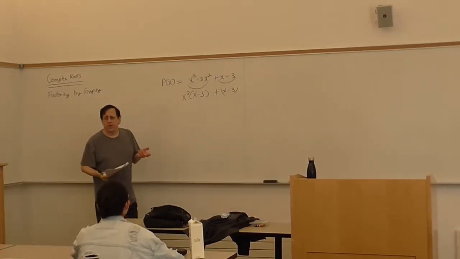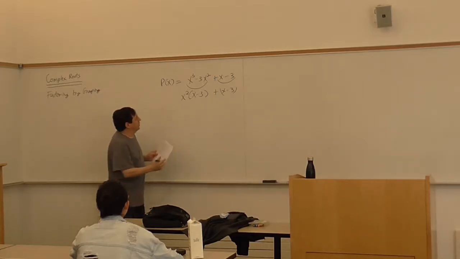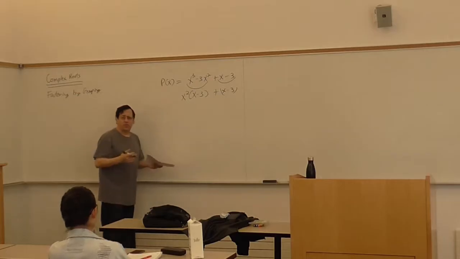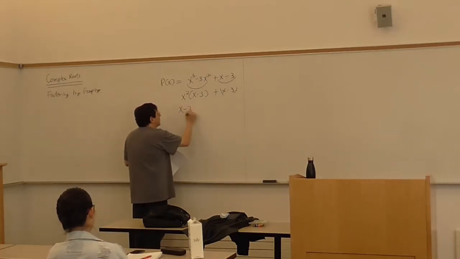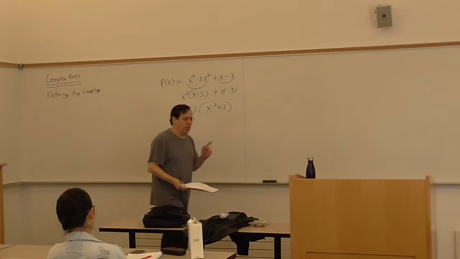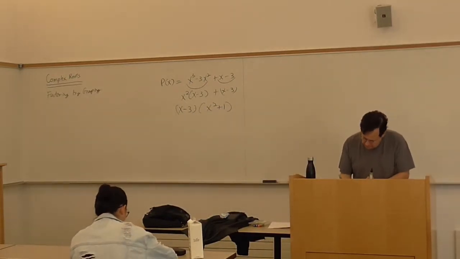I might discover a common factor. In this case, I do. I discover x minus 3 is a common factor. So, using the distribution law, I can take that out. Pause for a second and just stare at that, if you would.